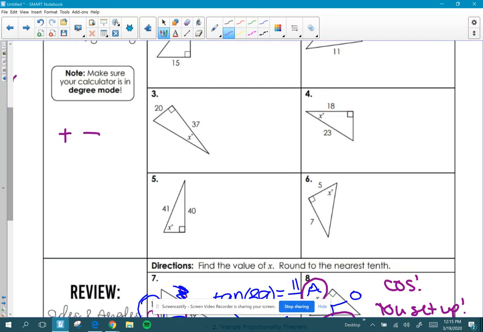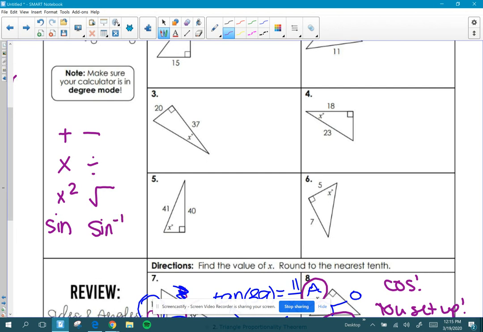If you look at multiplication, the operation that undoes multiplication is division. Even if you had like x squared, the operation that undoes a squared is square root. And then if we look at sine, the operation that undoes sine is sine to the -1.